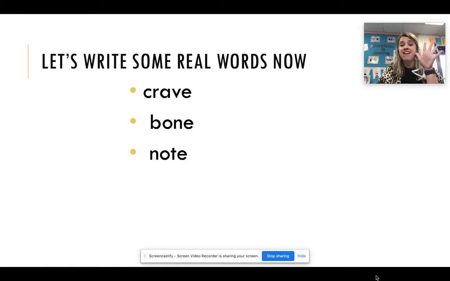This word is going to have 5 letters. All right, let's see. Q-U-I-T-E spells quite.